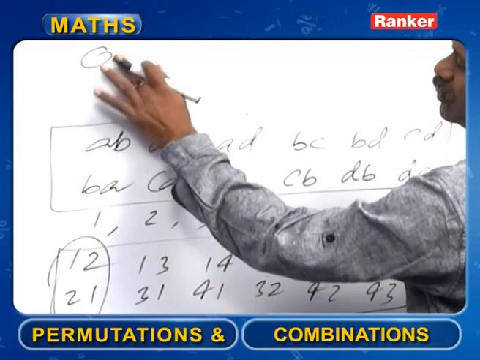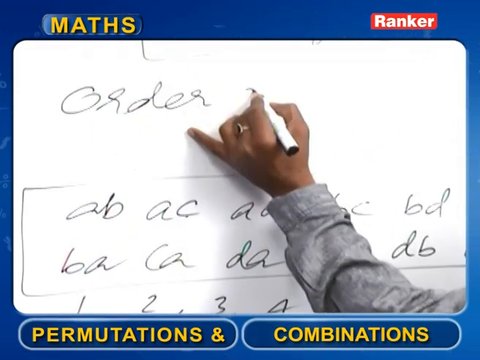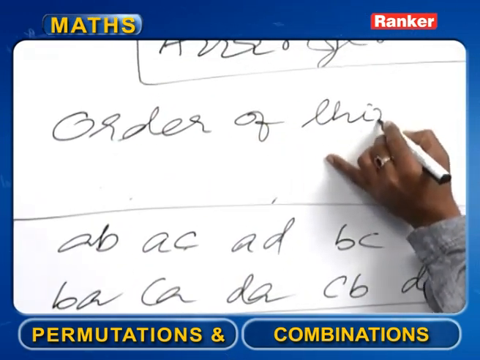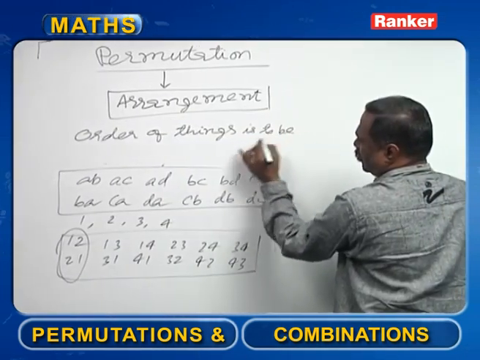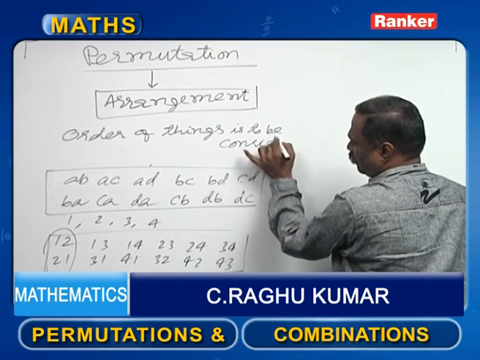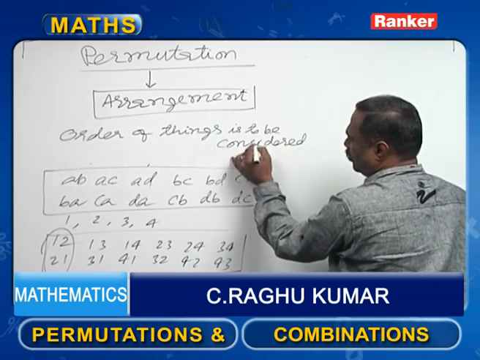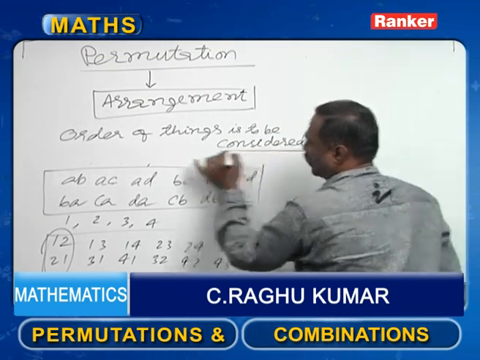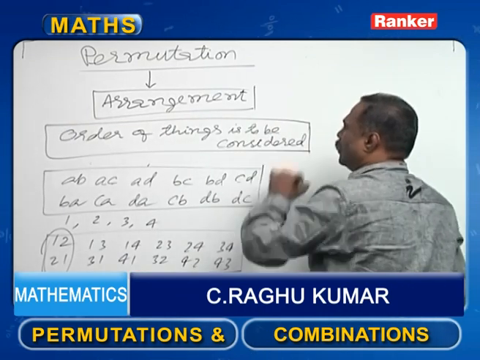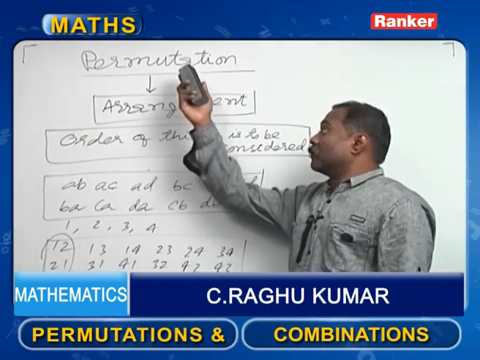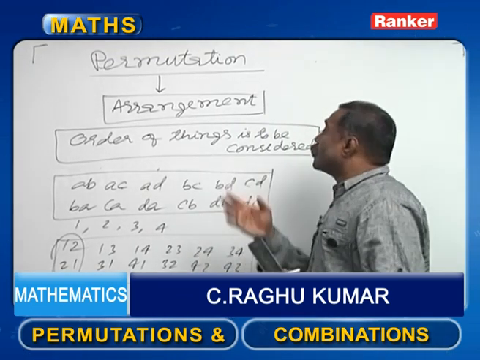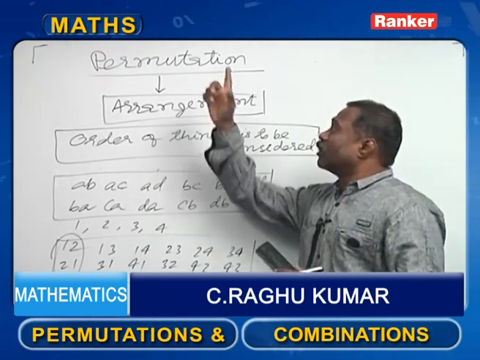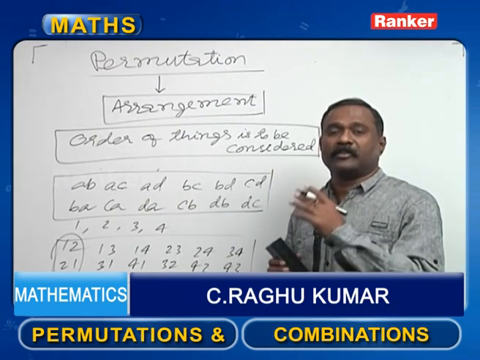The important thing to be noted in a permutation is that order of things is to be considered. Should not forget it. Very important point, because later in the combination we will see the difference between a permutation and combination basing on this only. So wherever the order of things is to be considered, there you have to apply a permutation.